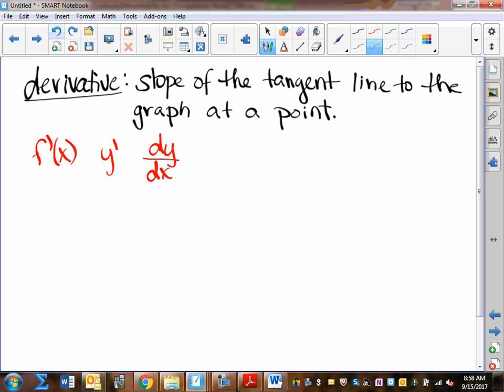We could also say df/dx instead of f prime of x, because f is just the function name, but it's more common to see f prime. And then the last one we talked about, d/dx of some function, we're just going to put an f of x. It's saying the derivative with respect to x of our function. Again, that tells us what variable we're differentiating with respect to, whereas this one doesn't.